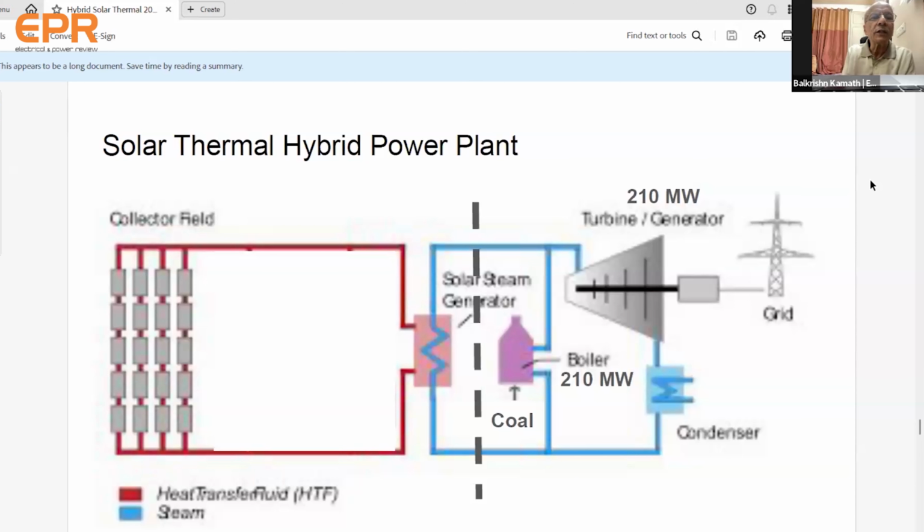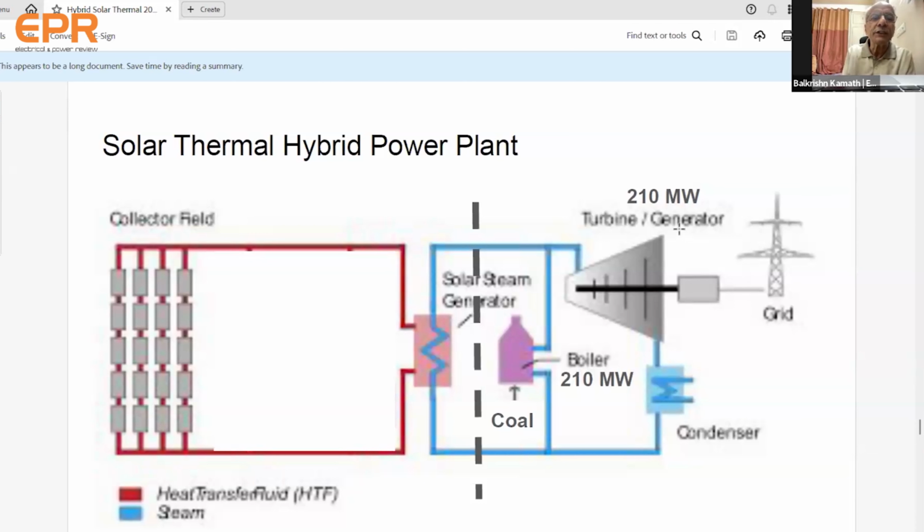Yeah, this is the solar thermal hybrid power plant which we are using in Dadri. You can see on your left the solar trough total structure, and then the hot oil is coming to a heat exchanger which is in the center, and you see the vertical dotted line.